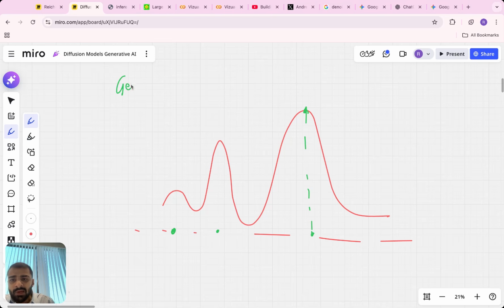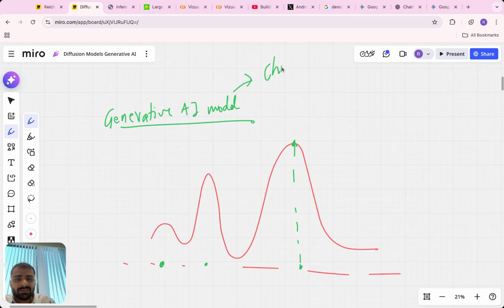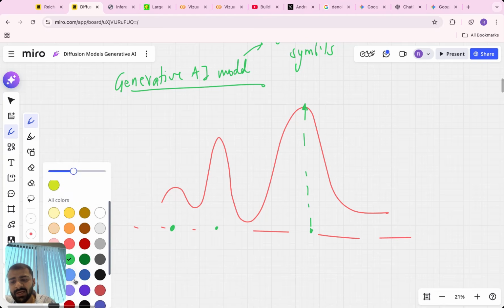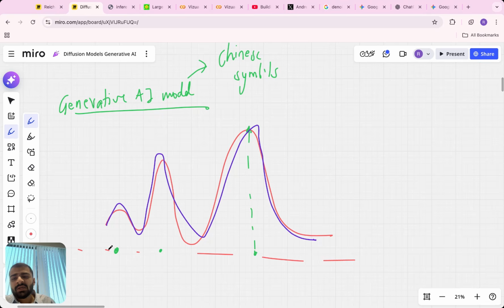What a generative AI model does in a probabilistic sense, if you want it to make Chinese symbols, is that it's trying to find a probability distribution which is as close as possible to the actual probability distribution, right?